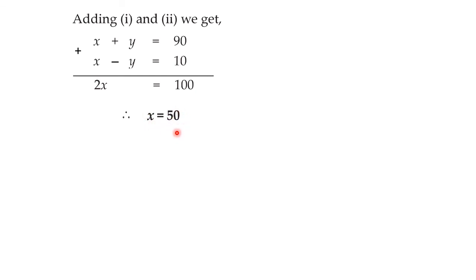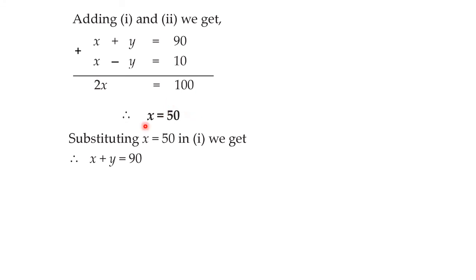Now let us put this value in any one equation, either in equation number 1 or in equation number 2. You can substitute the value of x anywhere to get the value of y. So let us write that down. Substituting x is equal to 50 in equation 1. Equation 1 is x plus y is equal to 90.